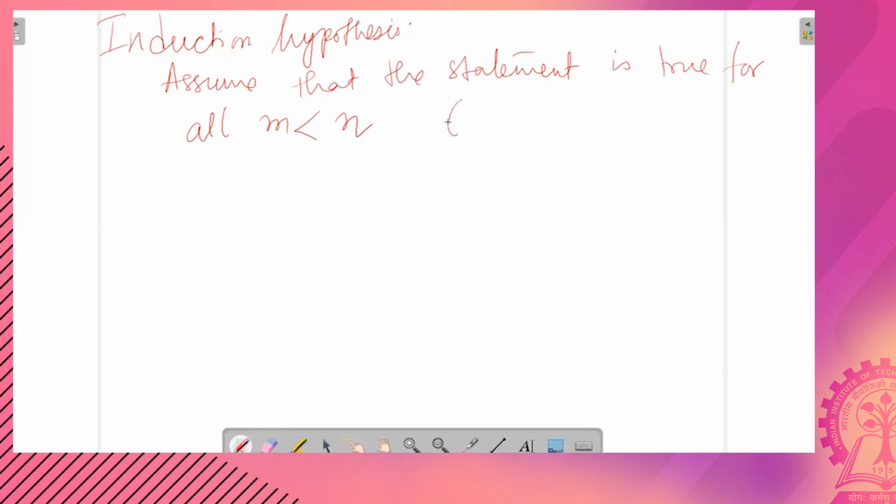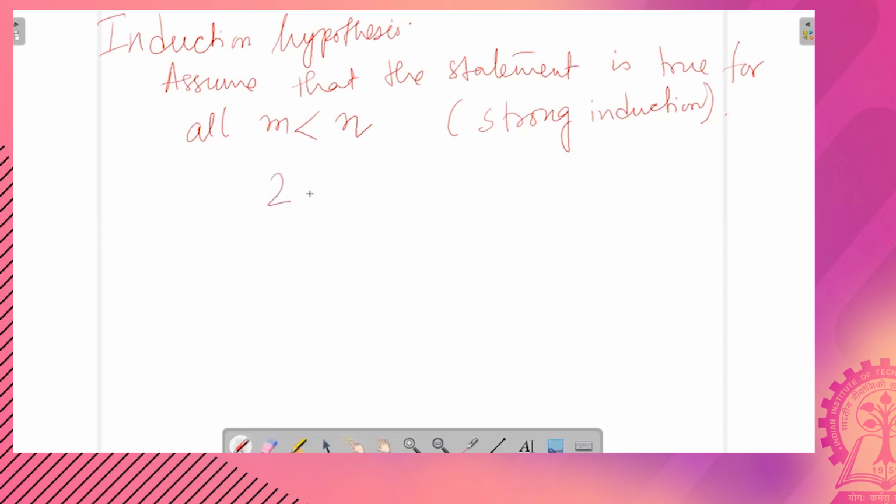Such an induction hypothesis is typically called strong induction. Okay. So you assume that for all previous cases, this is true.